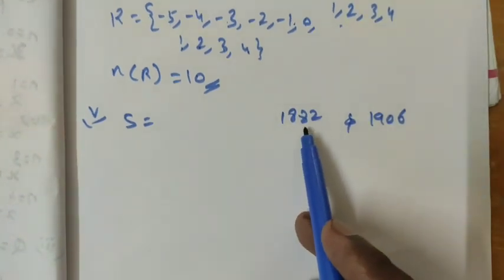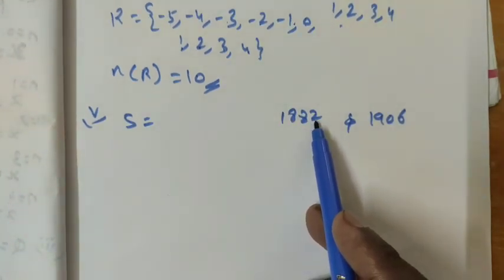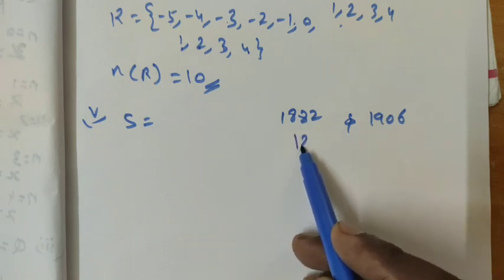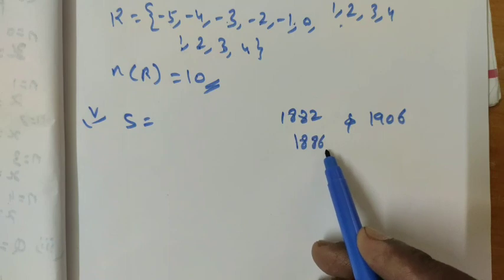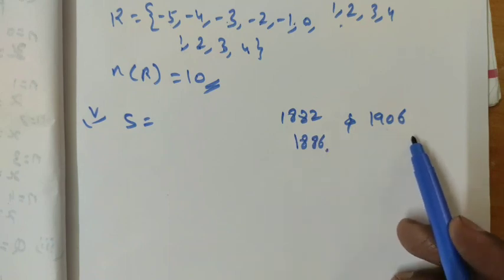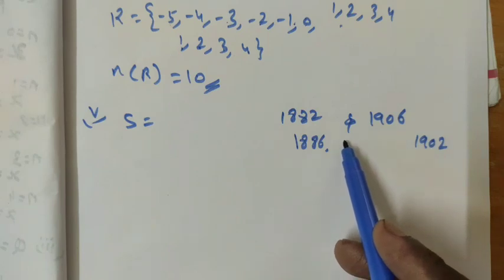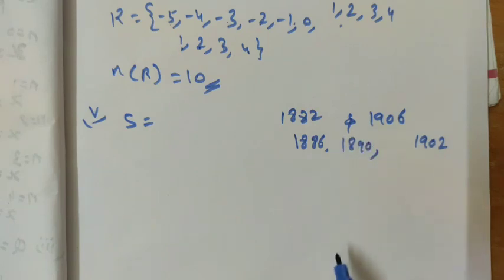The word between means after 1882 and before 1906. After 1882, 1886 is a leap year. Before, 1904 is a leap year, right? And then 1890.